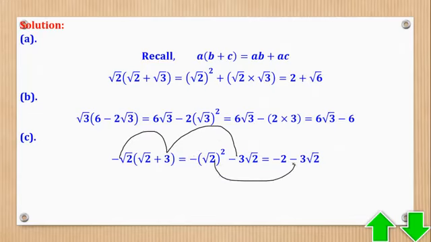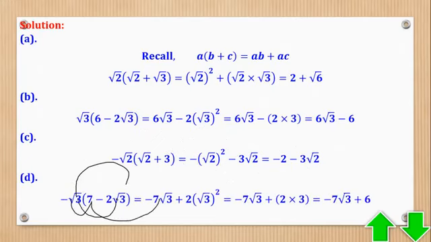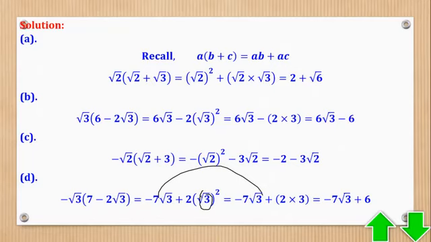So this is 2 and this is that. Then still distributive law, this times this gives that. This times this gives this. So here, this is okay. But this one, root 3 squared is 3 times 2 to give you this part, which is where we end up with this.